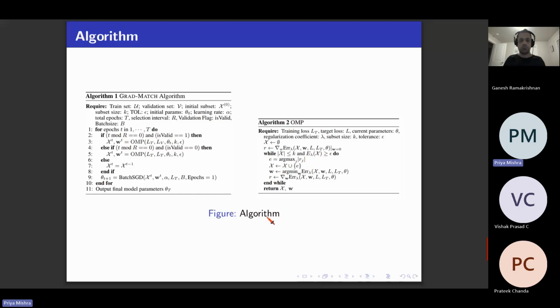Now they include those elements which maximize the gradient. I mean, they want a large difference while keeping a point in the subset, and they also get weights from the OMP algorithm using minimum. These were obtained by minimizing the error function, and those corresponding weights in the subset they return.